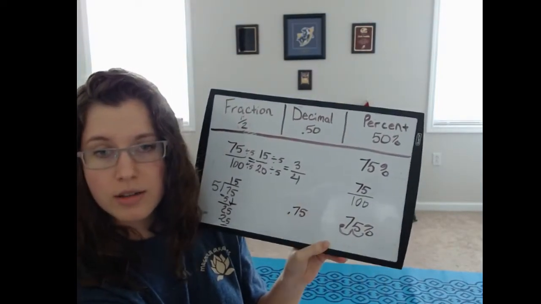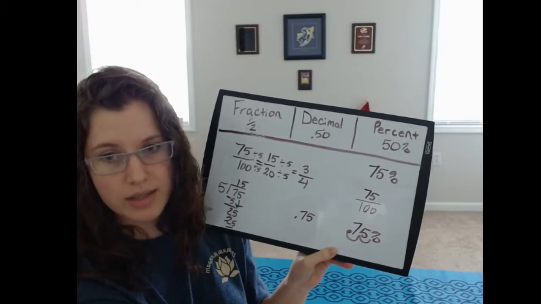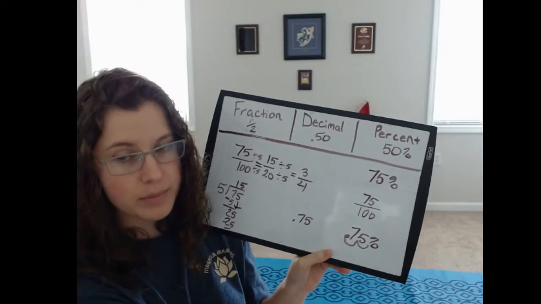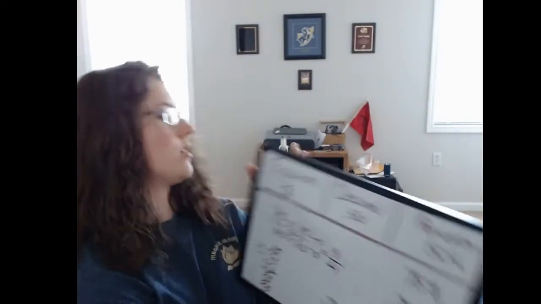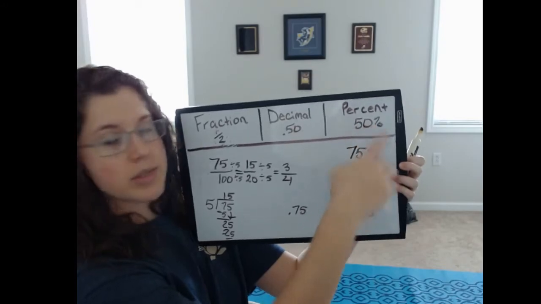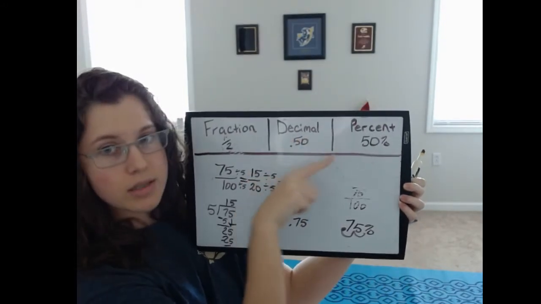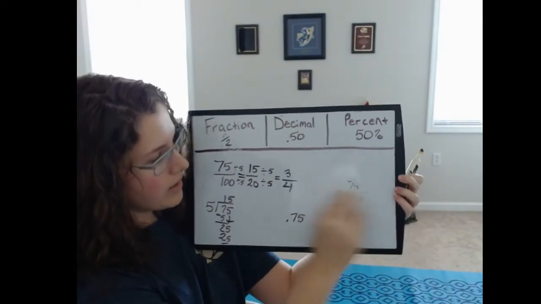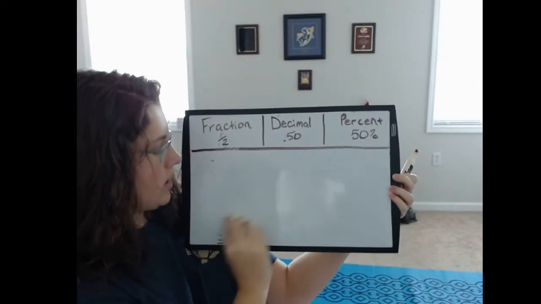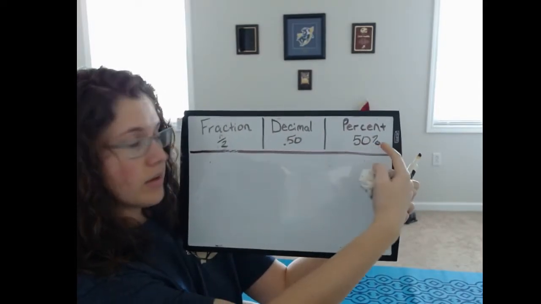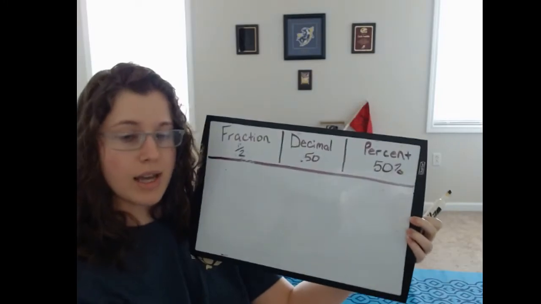And we saw that earlier when I worked it out the opposite way. Pretty simple. All right. Now remember, if you are going from decimal to percent, move your decimal 2 places to the right. If you are changing a percent to a decimal, you go 2 places to the left.